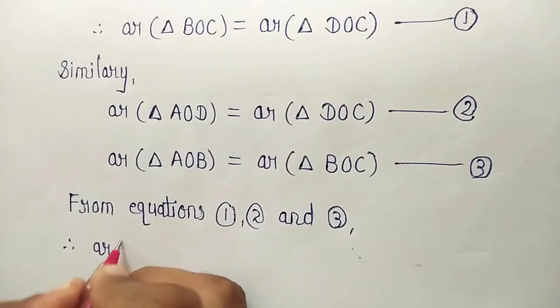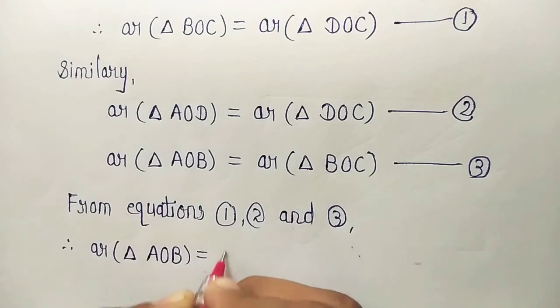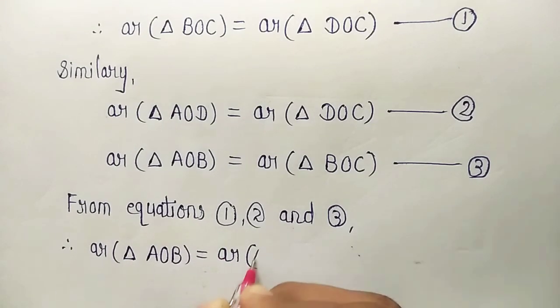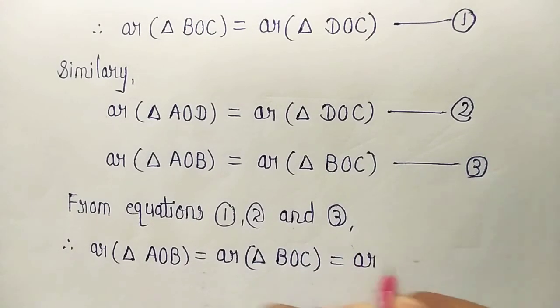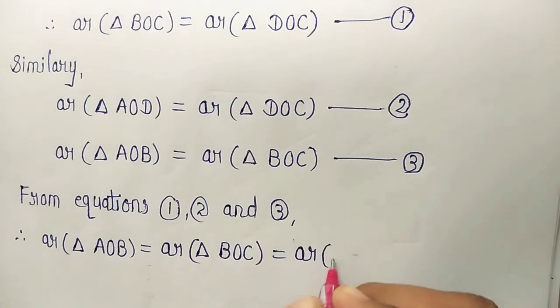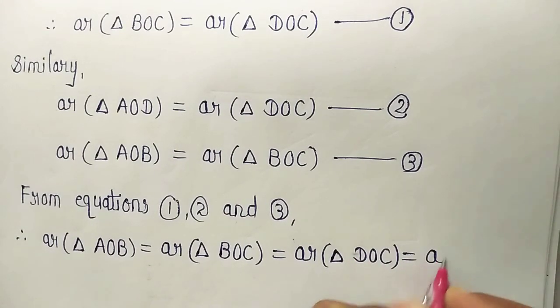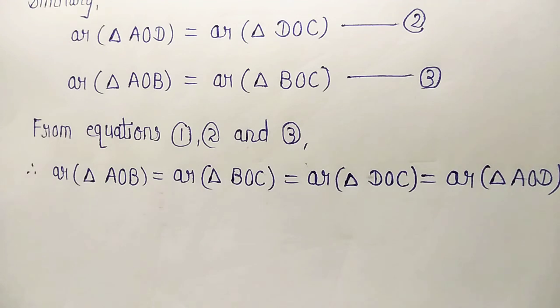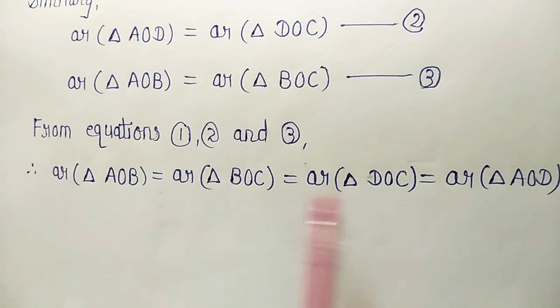Therefore, area of triangle AOB is equal to area of triangle BOC is equal to area of triangle DOC is equal to area of triangle AOD. All 4 triangles we have included.